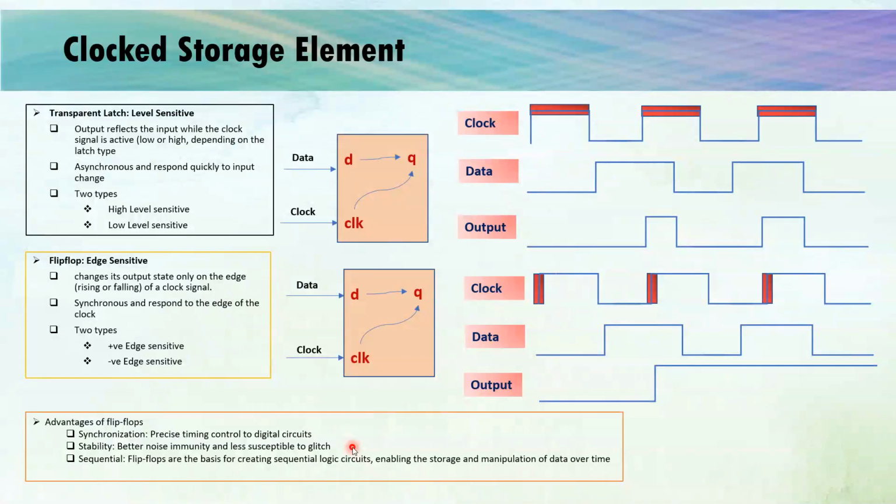So we try to avoid any glitches in our circuit. One important way to do it is to use edge-triggered flip-flops. Secondly, it's sequential. Flip-flops are the basis of creating sequential logic circuits, enabling the storage and manipulation of data over time.